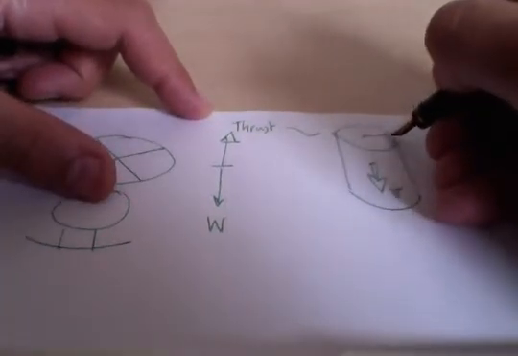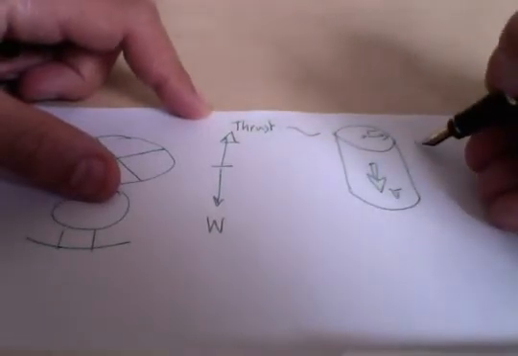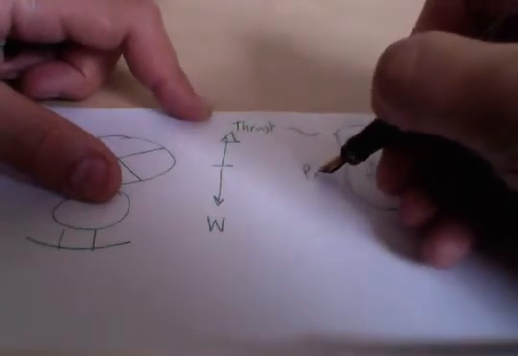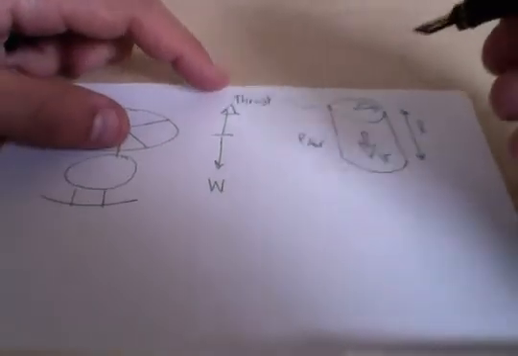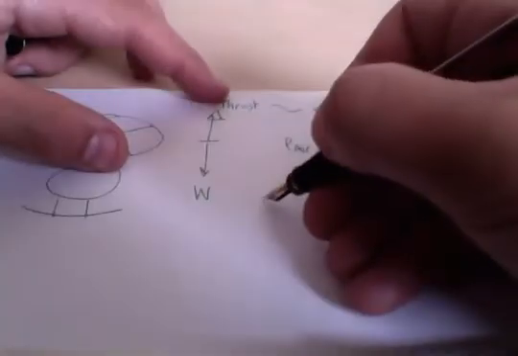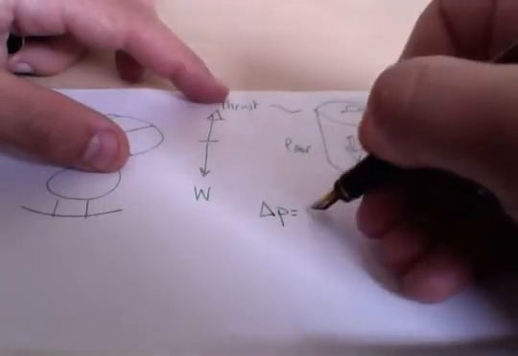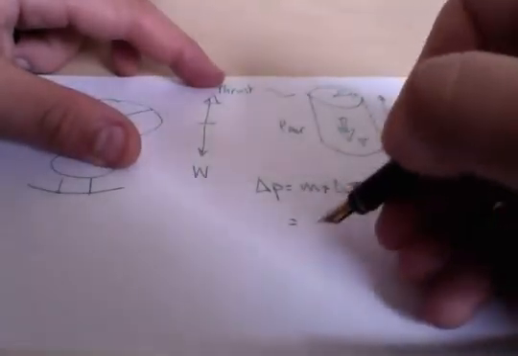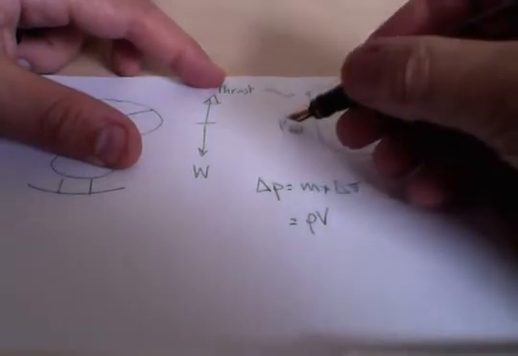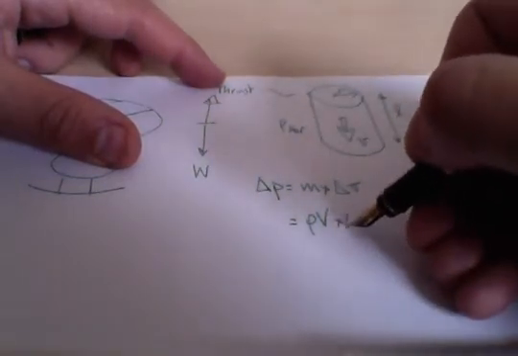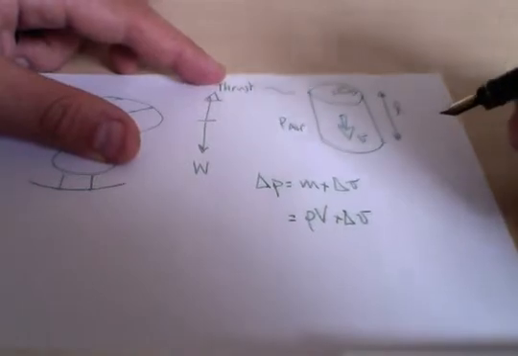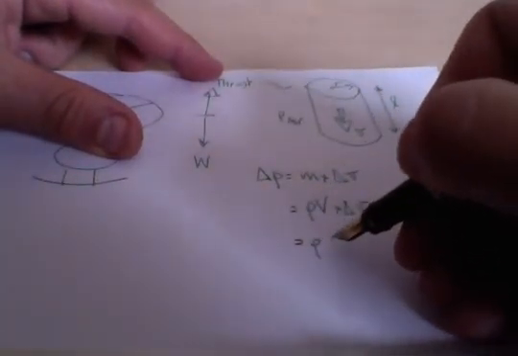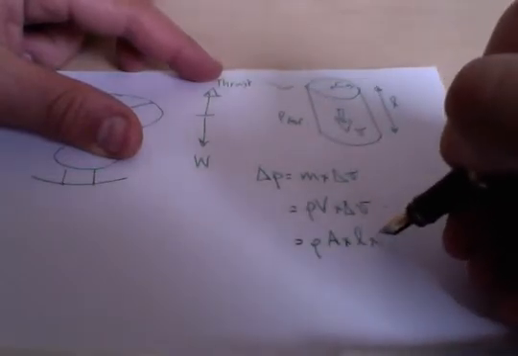What do we know about it? Well, it has a certain radius. This column of air will have a certain length, and we need to know the density of air. The change in momentum is going to be the mass of air multiplied by the change in velocity. The mass of air is rho V, the density times the volume of air, times the change in velocity. And the volume is the area multiplied by the length.